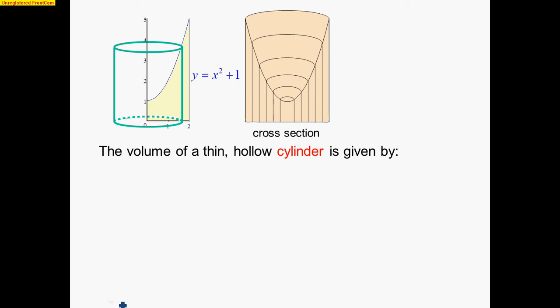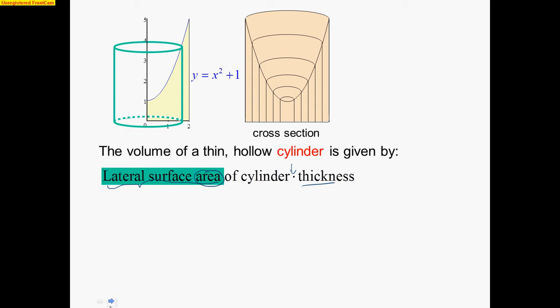So the volume of a thin, hollow cylinder is the lateral surface area. Whoa, that's a stretch back into geometry, right? But notice volume is area times thickness. So lateral surface area, that formula, times thickness. Well, the lateral surface area is really just the circumference times the height. That's all still the area times the thickness.